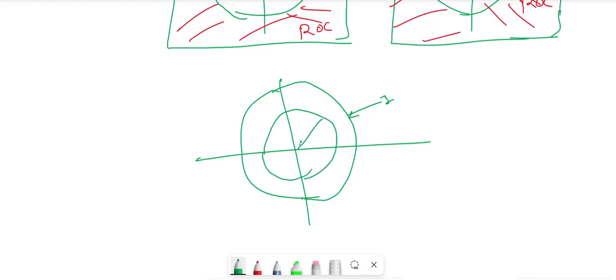This is R is equal to 1. So this is half, and in this case it is 2.